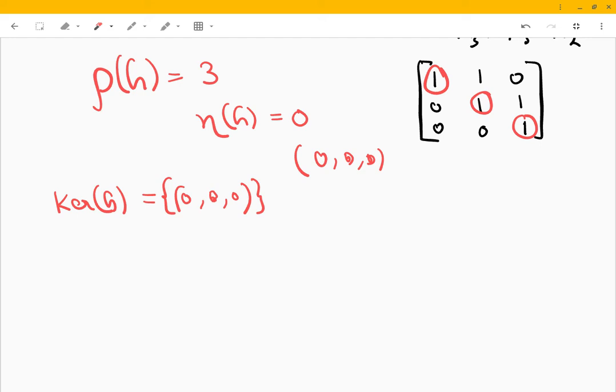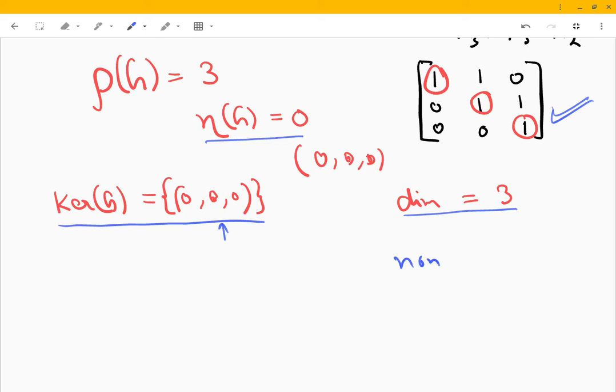Also, a thing to observe is that the dimension of our domain and range is 3. The transformation matrix is a full rank matrix, the nullity of G is 0, and the kernel of G contains only the 0 vector. All these things conclude that our transformation is non-singular.